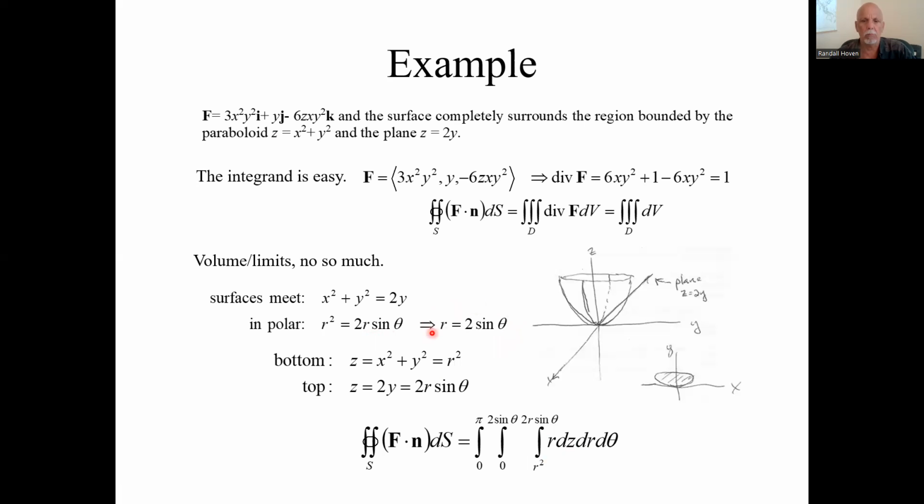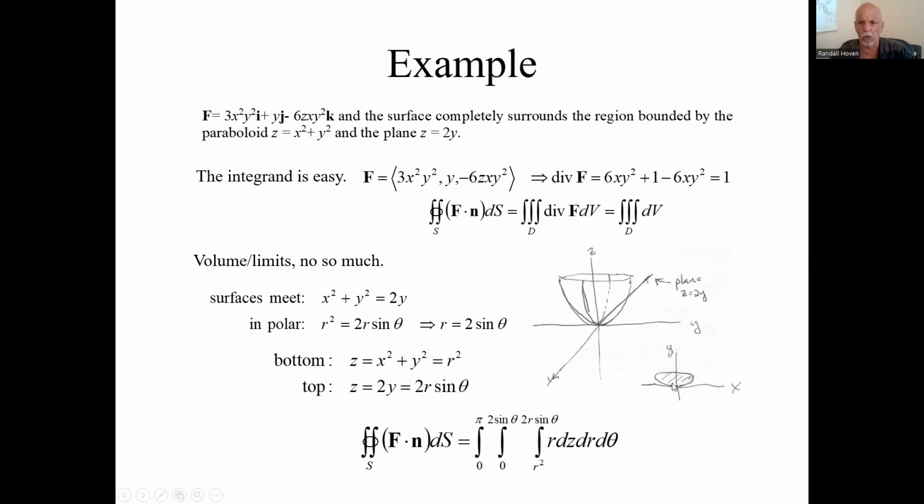Then I integrate over r. Here's what's happening. I integrate from the origin out to r. Actually, I don't think I drew this quite right. It should be maximum up the y-axis. That's where sine of theta is maximum, pi over 2. I kind of squished it down. It should be more stretched out up there.